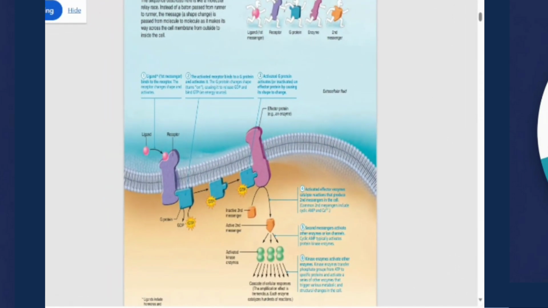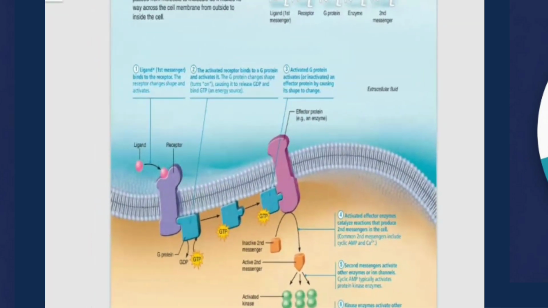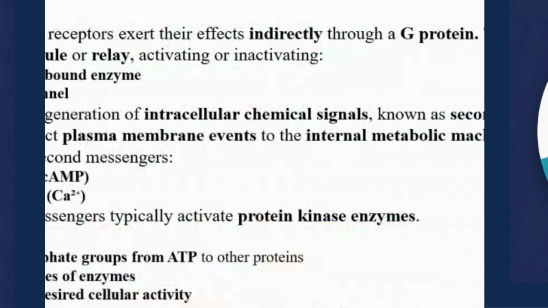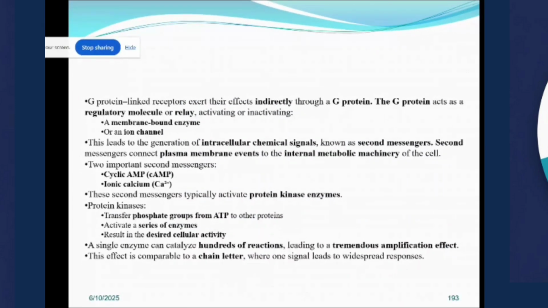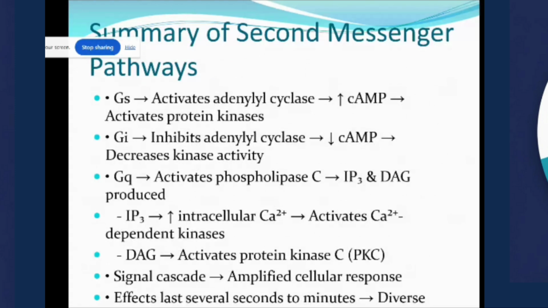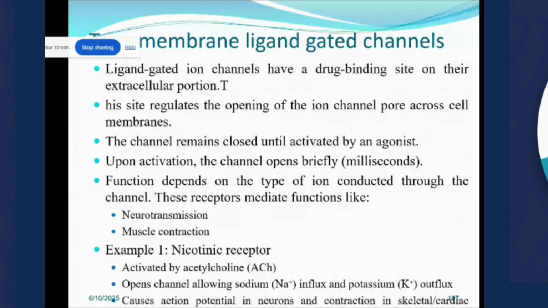So for the G protein coupled, it is cAMP and ionic calcium. I think I've done all the summaries there, so I don't need to waste a lot of time on things that you have already looked at.